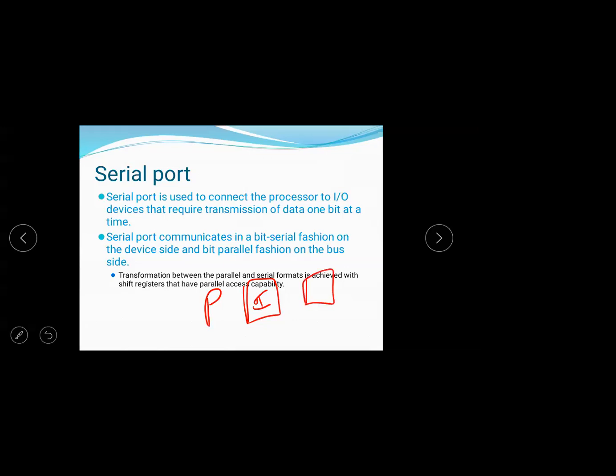Communication from the interface to the processor is always parallel transmission only. Whereas from device to interface, depending on the port available, it may be either parallel transmission or serial transmission.